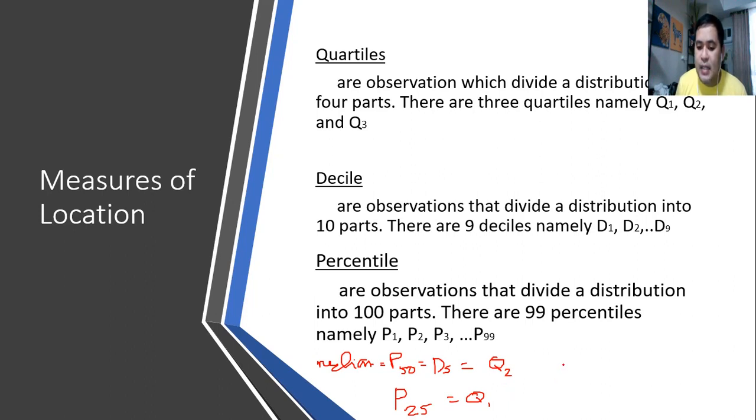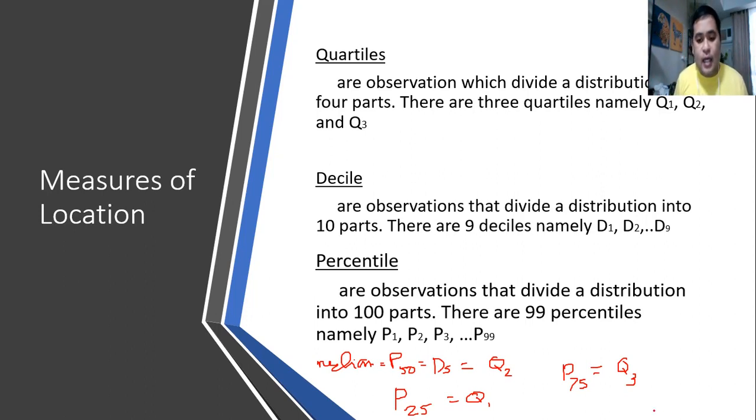Or P75, which can also be Q sub 3. So there are some instances that we can reduce the distribution into this particular percentile.